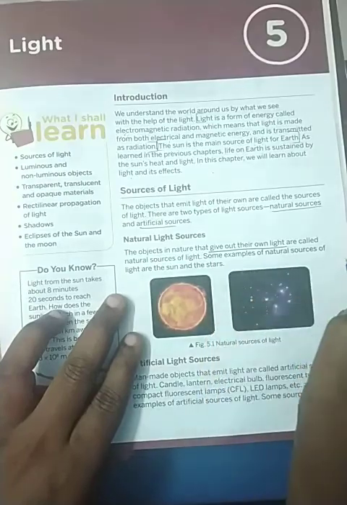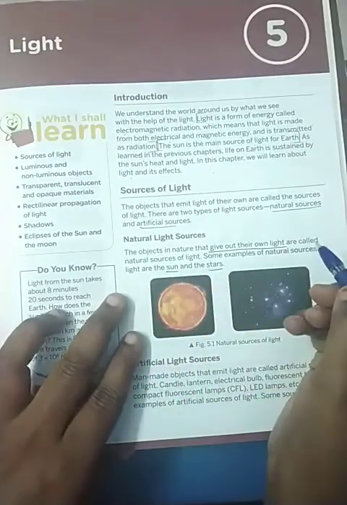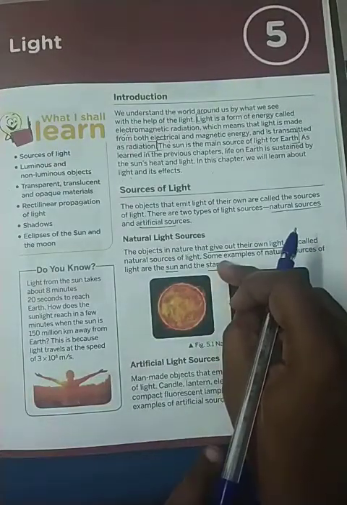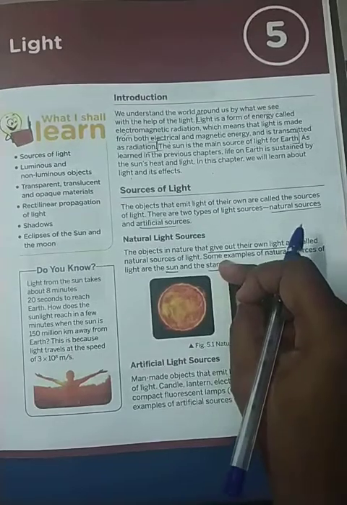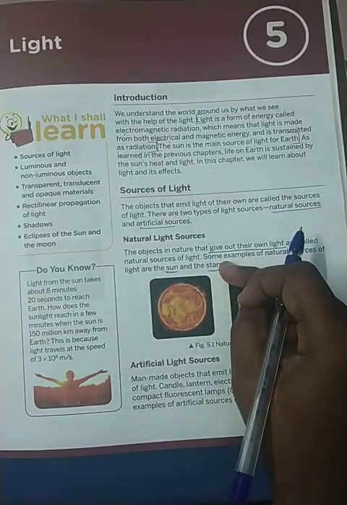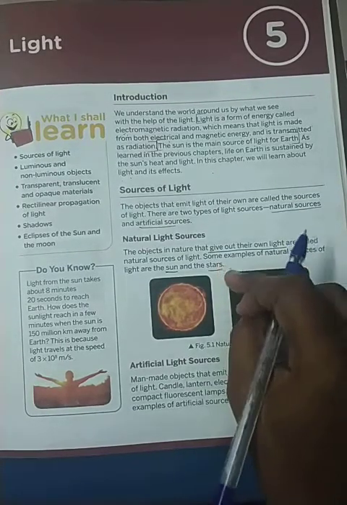The main examples will be the sun and the stars. Now in this case we cannot include our moon. Moon will not give light because it is not having its own light. It is reflecting the light from the sun only. So moon is not a natural light source.